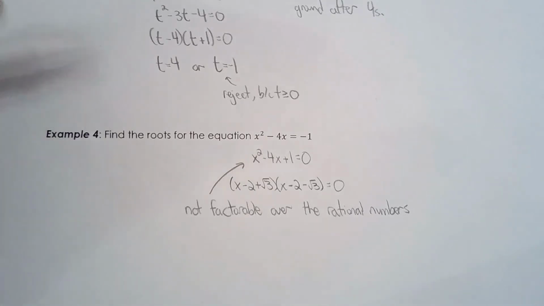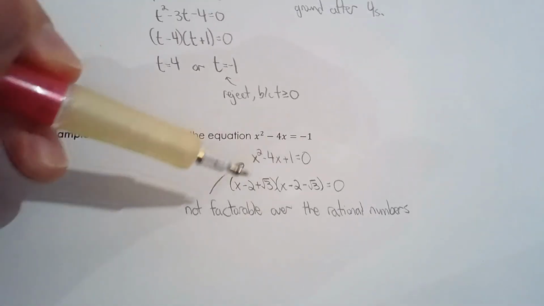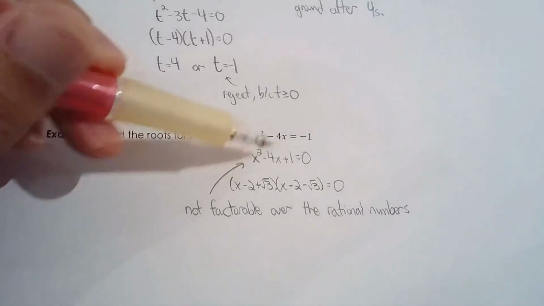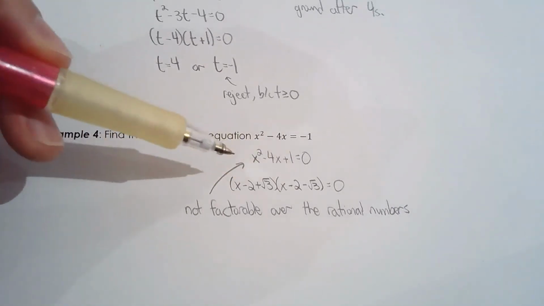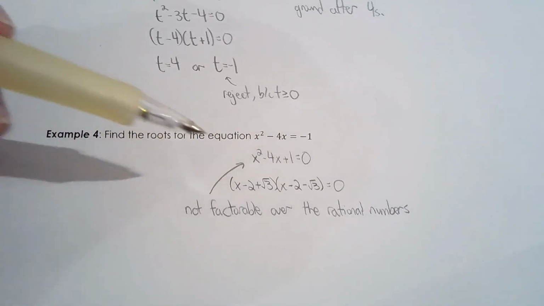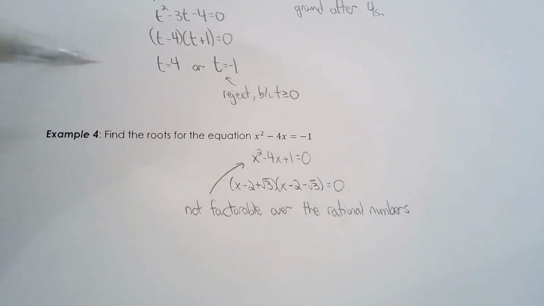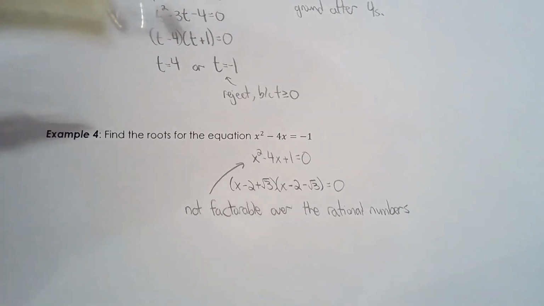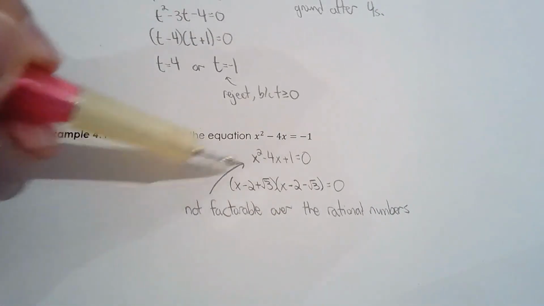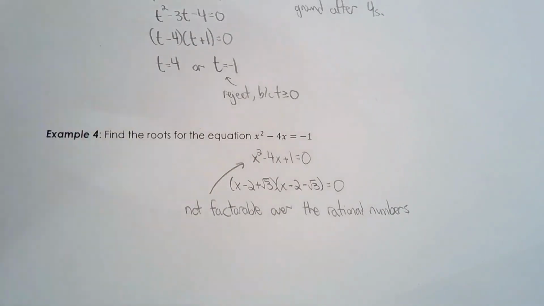Unfortunately, with the factoring strategies we use for simple or complex trinomials, we're only thinking about factoring over the rational numbers. So in short, if it's not factorable over the rational numbers, we just say it's not factorable.